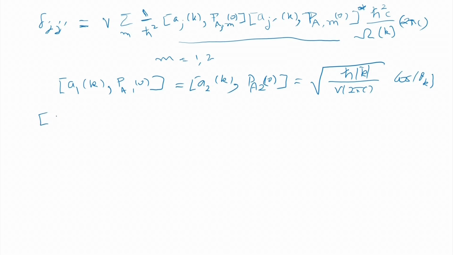and the other result is the commutator of A1 with PA2 at 0 is.